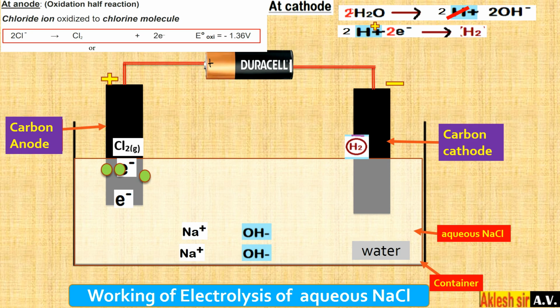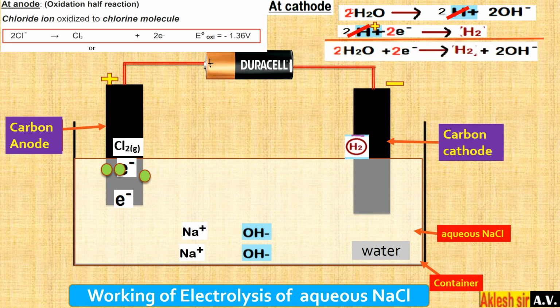Net cell reaction at cathode: the 2 H+ ions on the right side of the first reaction cancel with the 2 H+ ions on the left side of the second reaction, and the net reaction is 2 H2O combine with 2 electrons to form hydrogen and 2 hydroxide ions.